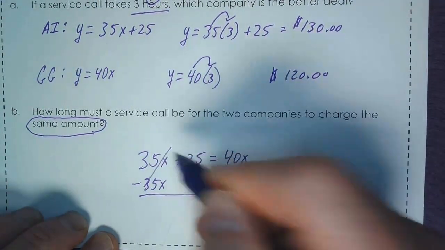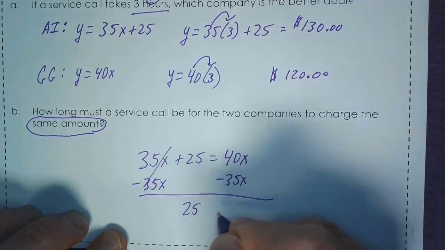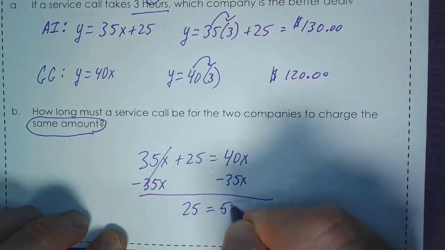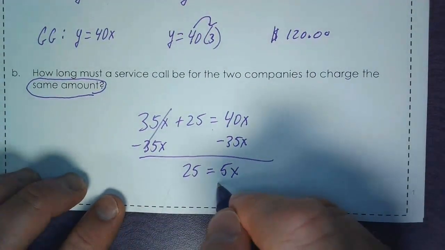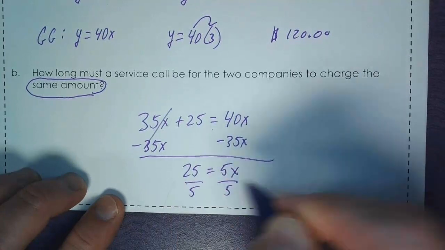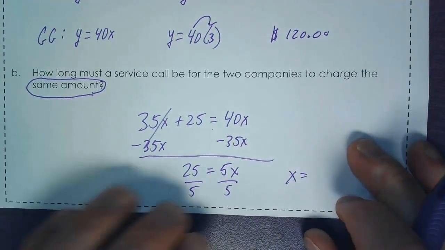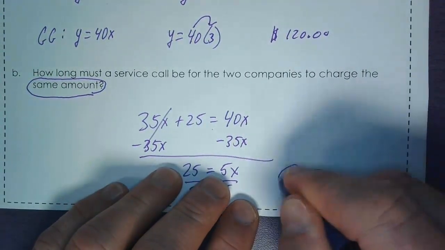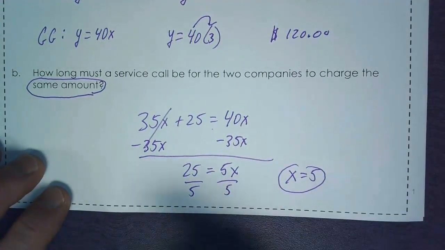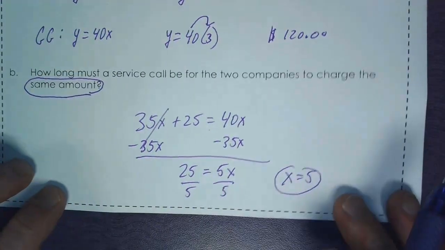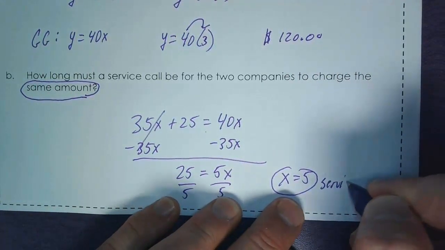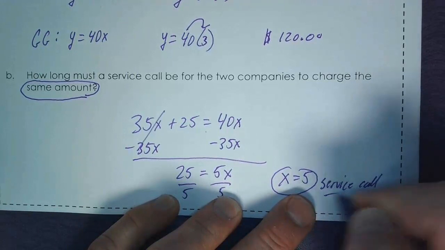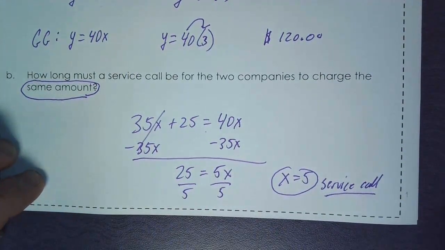Subtract 35x from both sides to get the variable isolated. And then I'm going to solve by dividing by 5. X equals 5. So what does that 5 mean? That 5 means the service call hours to be the same amount for each company.